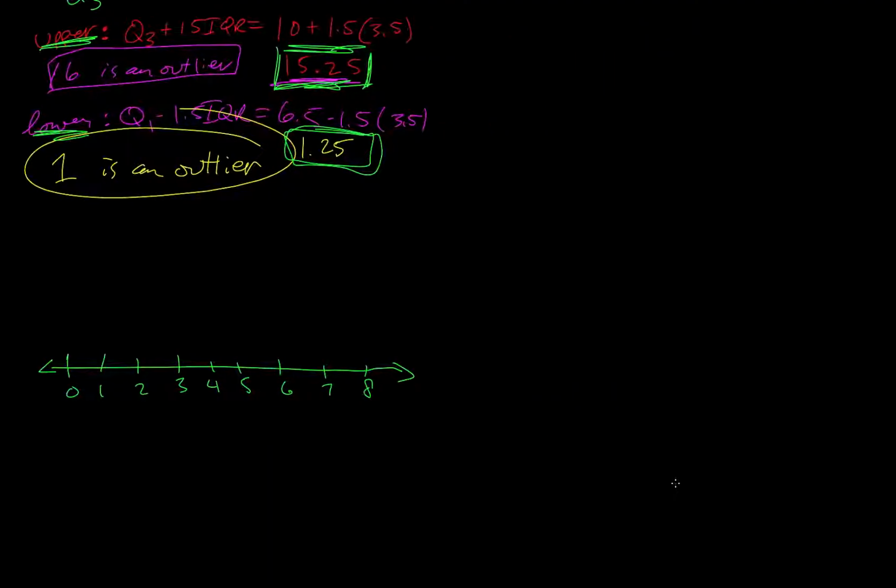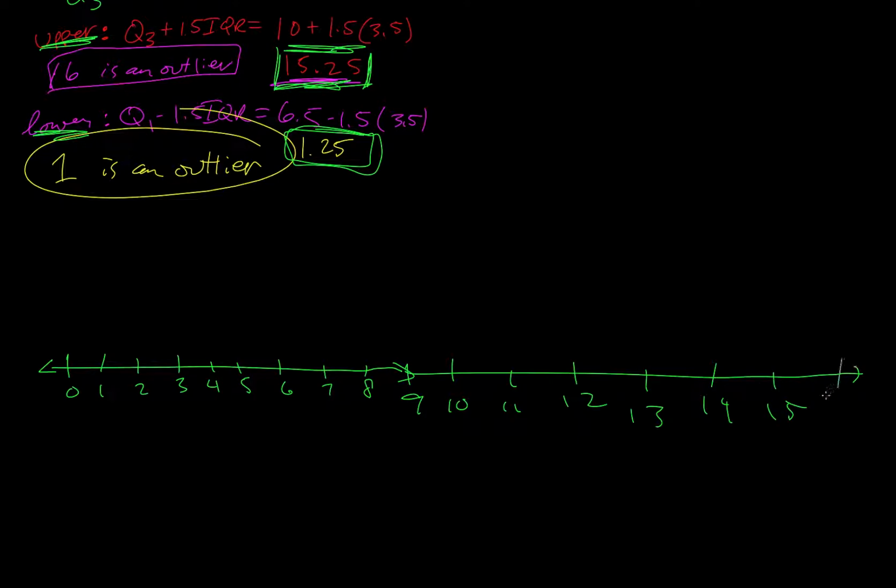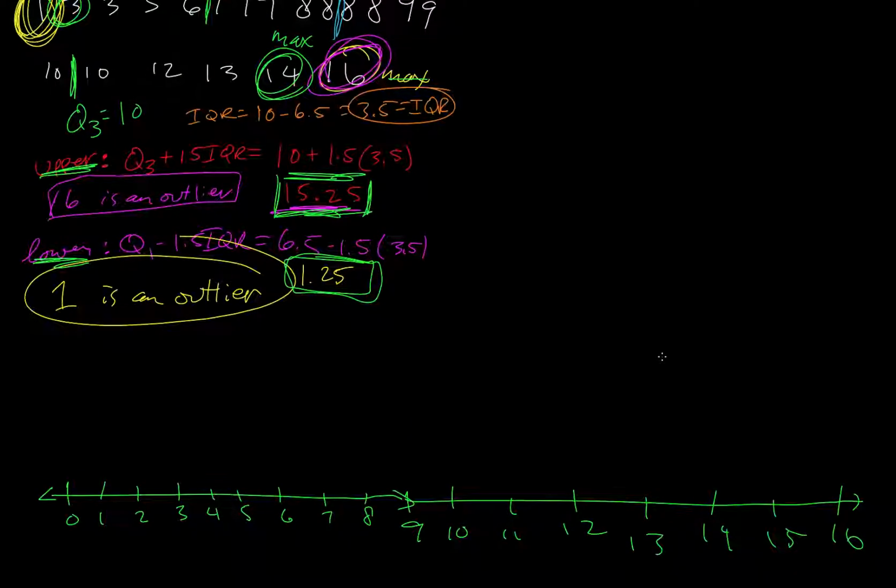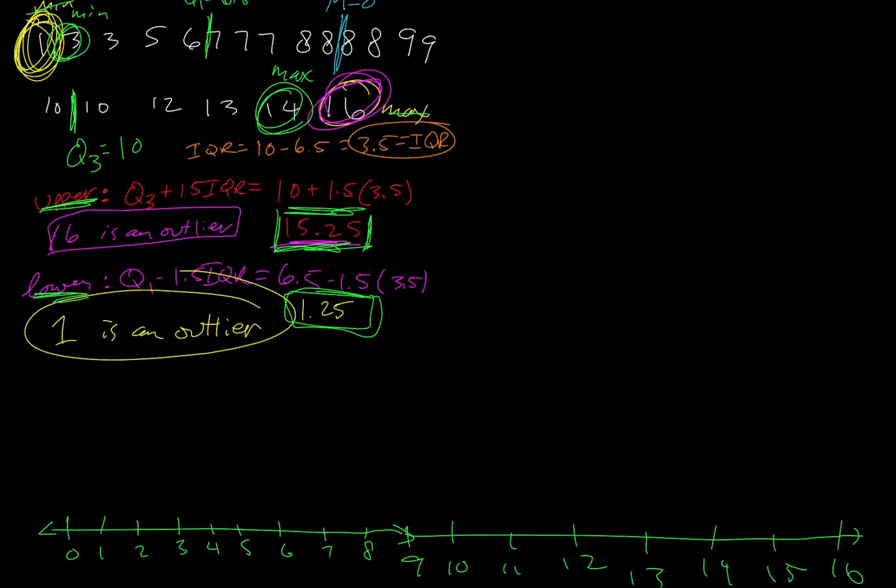So we're going to have to do this. Okay, 8, 9, 10, 11, 12, 13, 14, 15, 16. All right, that should be enough. Okay, we can look at our stuff right there.